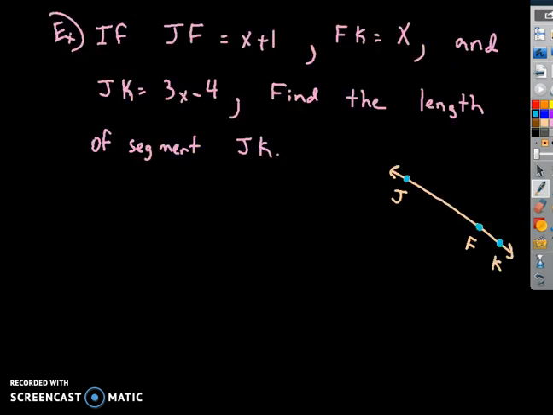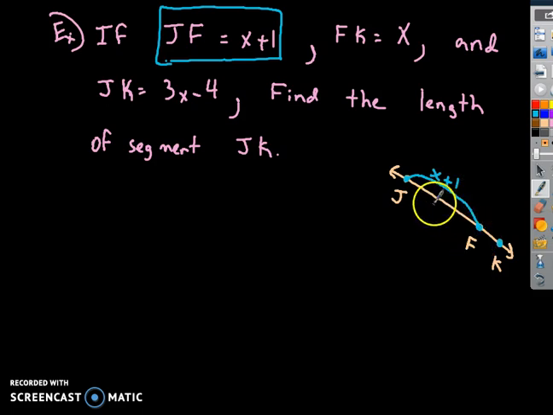All right, so this example says if JF equals x plus 1, FK equals x, and JK equals 3x subtract 4, find the length of segment JK. So let's use the clues they gave us. First clue, JF is x plus 1. So I know from J to F, this section here is x plus 1.